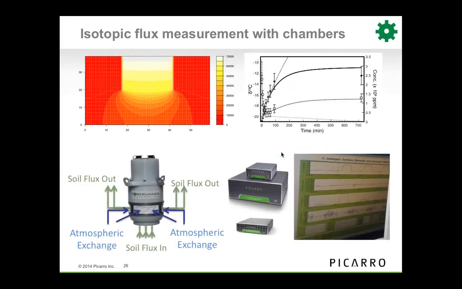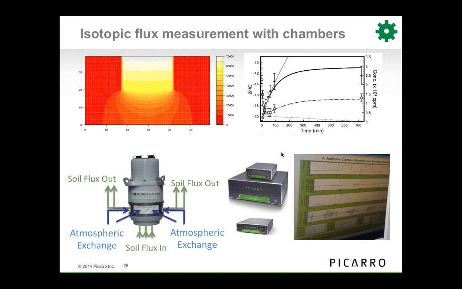The way we've gotten around this is by using a chamber that we call a forced diffusion chamber. It uses a diffusive membrane, which you can see here, the white membrane on the front of this chamber. Soil flux comes into the chamber and leaves through the membrane.